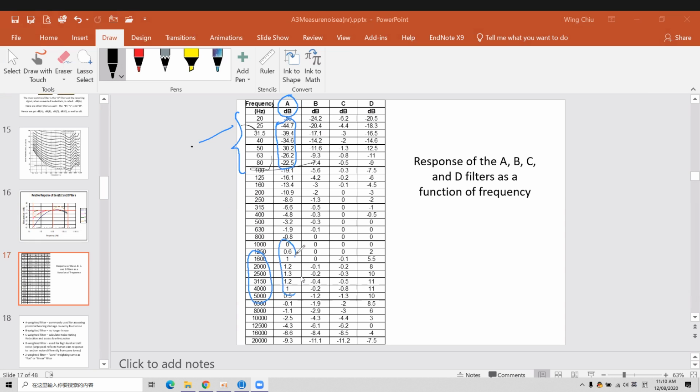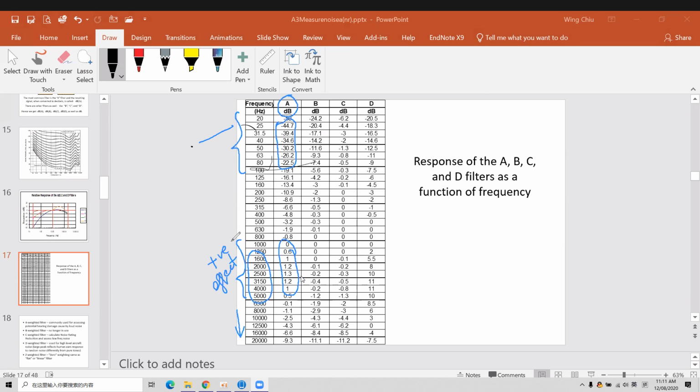There's the region where you have a positive effect, because our human ears are a lot more sensitive to these frequencies compared to the lower end and the upper end of the frequency spectrum. So in the question where you're asked to determine the A weighting values, you need to refer to this table and find the correction factors in order to adjust the noise measurements you have to the A weighting values.